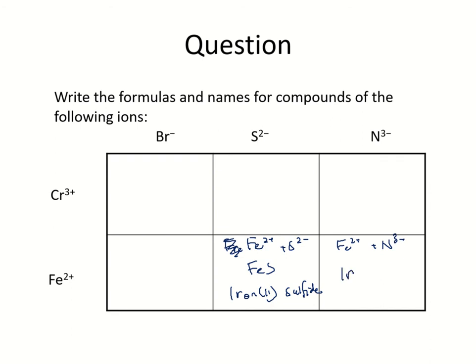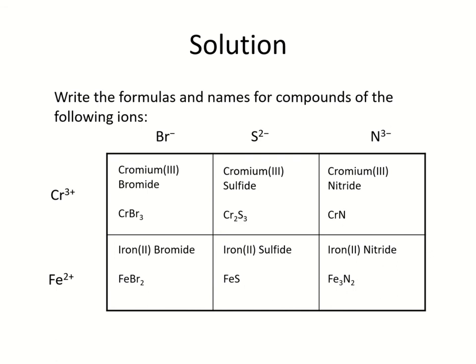We get iron 2, so that's still iron 2, and then you write nitride here. The formula would therefore be Fe, 3 comes to the bottom of iron, and then 2 goes to the bottom of nitrogen, as they're not balanced already. Okay, so Fe3N2. And so those are the other examples you can look into.